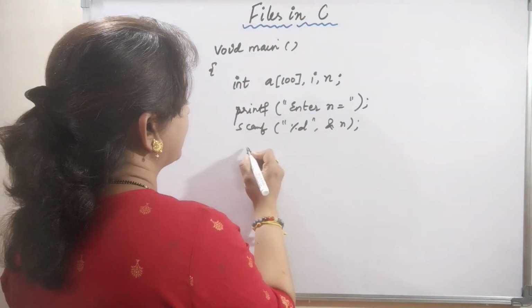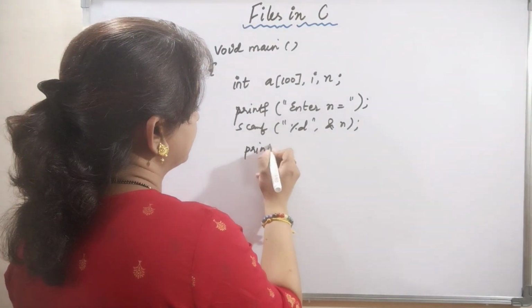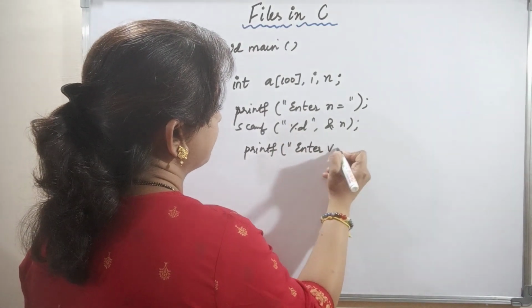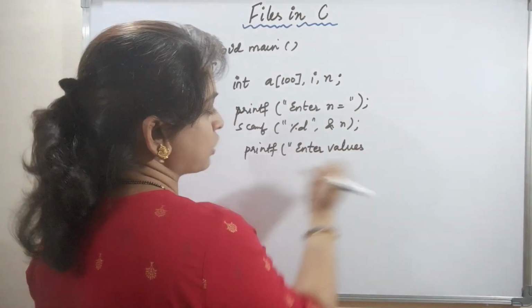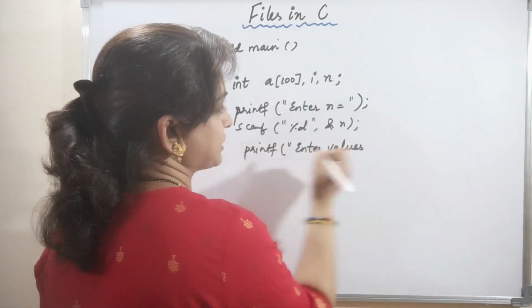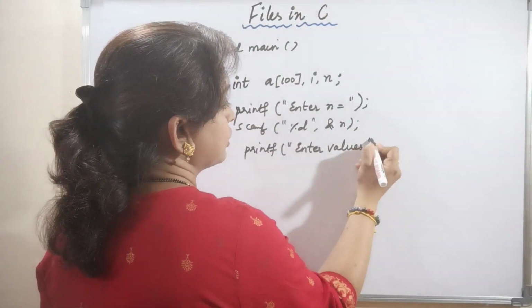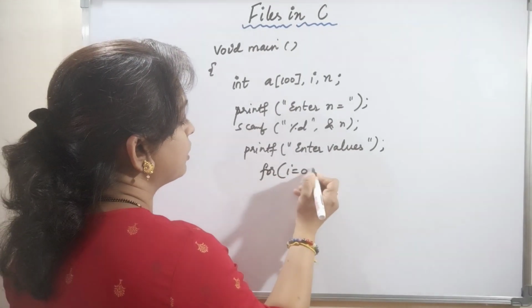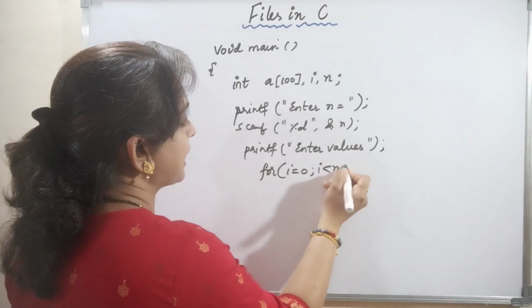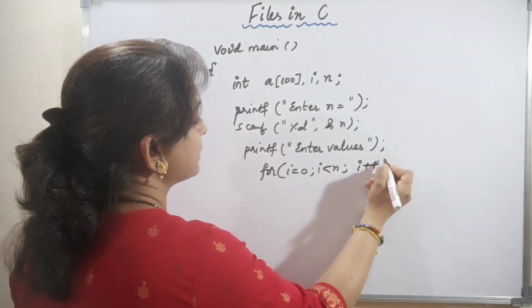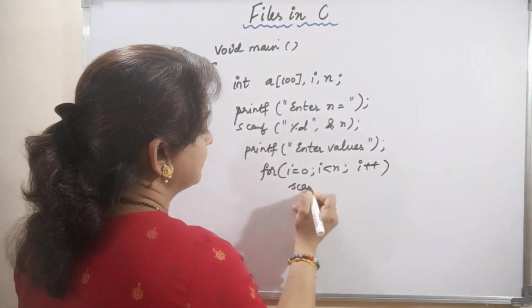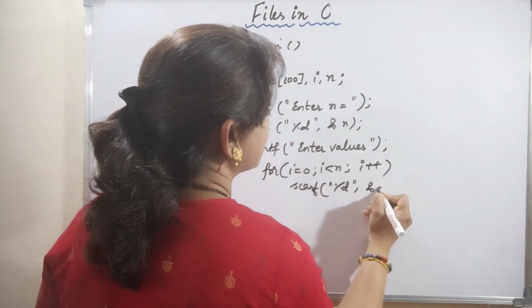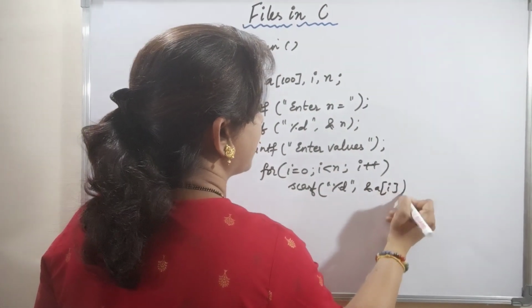I say printf, enter values. You can also have some proper messages, n values, all those things. So I just say enter values. Then I start my for loop. I say i equal to 0, i less than n, i plus plus. Then I say scanf, scan the integer, then store the value in the address of a of i.